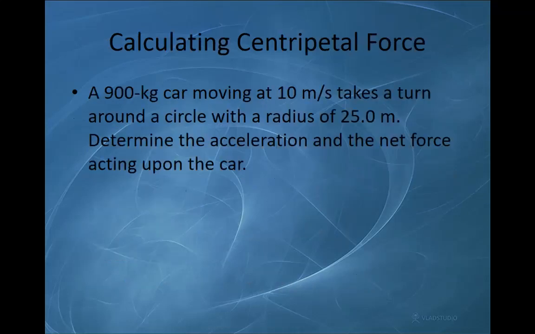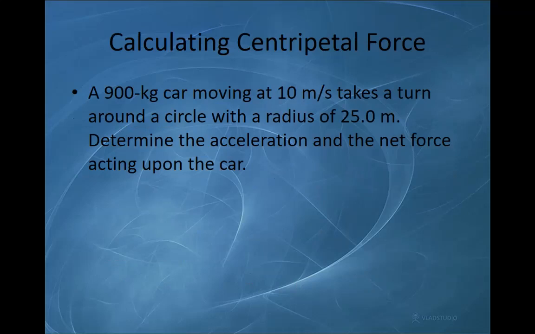All right, so let's finish up with giving you guys a practice problem. So go ahead and take a minute, pause the video, and try this. A 900 kilogram car moving at 10 meters per second takes a turn around a circle with a radius of 25 meters. Determine the acceleration and the net force acting upon the car. So in this case, we're looking at a circle.